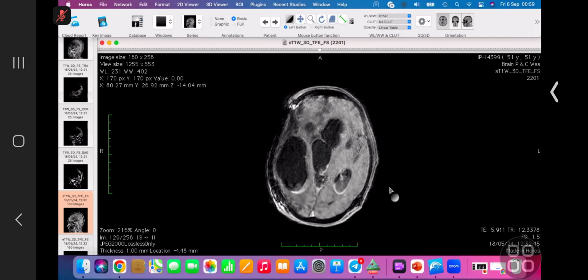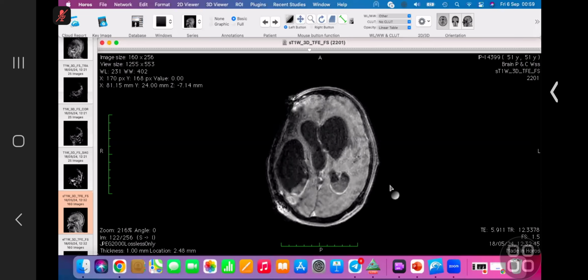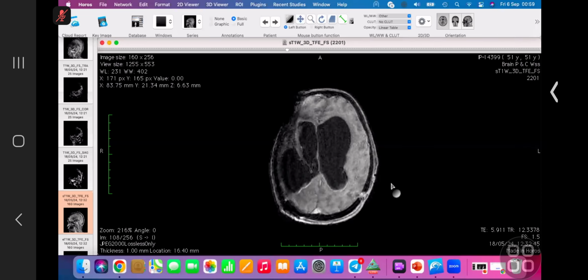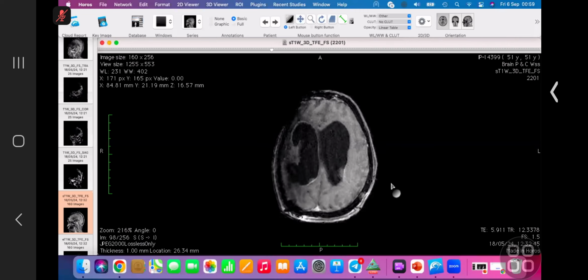Okay. So there is ependymal enhancement of the posterior aspect of both lateral ventricles.